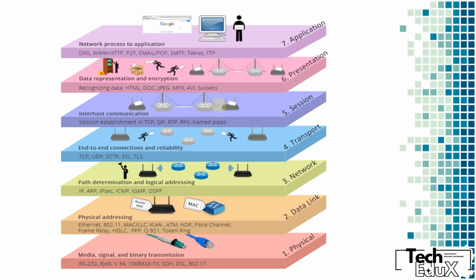Then we have the session layer. It establishes TCP, SIP, RTP, RPC, name pipes. Imagine this is one source and this is the destination, and in between we have routers. This computer wants to communicate with this system, but meanwhile some session, or bridge, is created between these two devices.